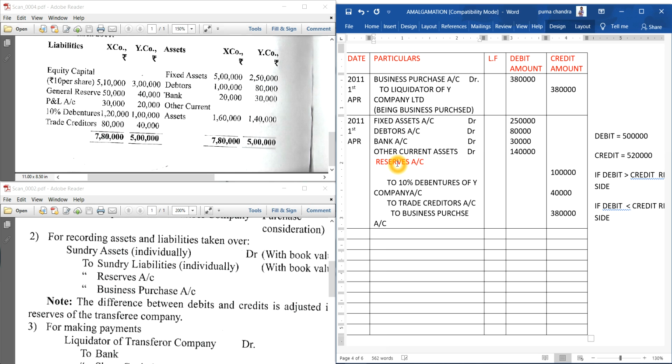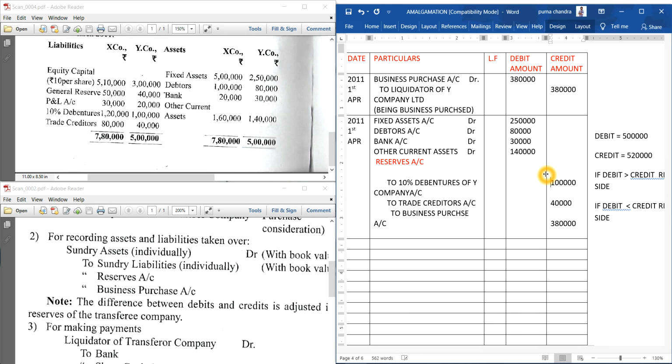Very important, students. Debit. How much? What is the difference here? 20,000. Yes. So I hope you understand this.